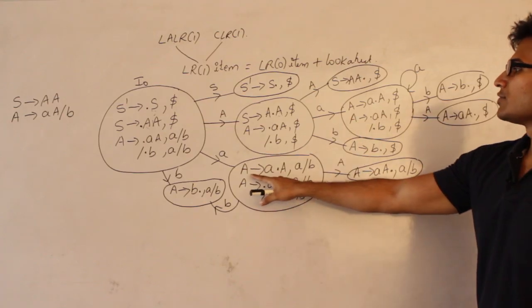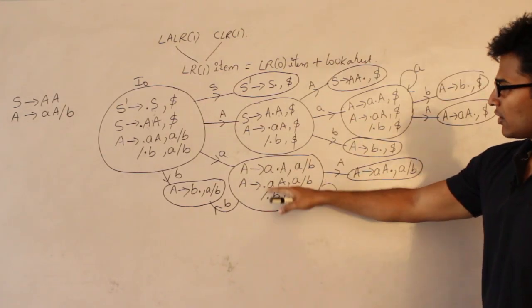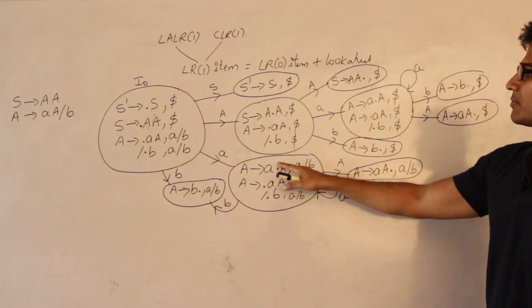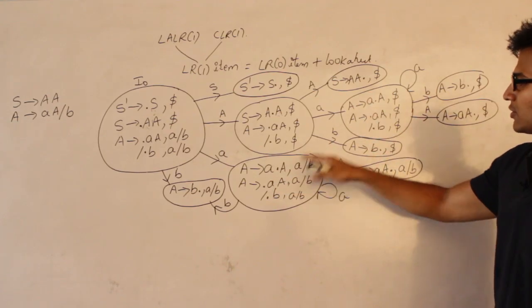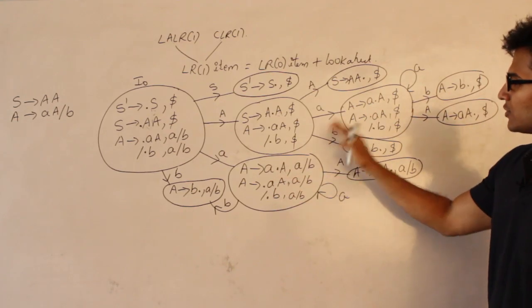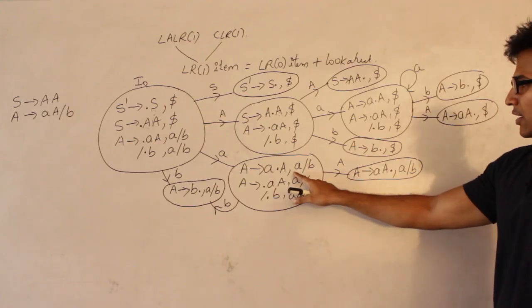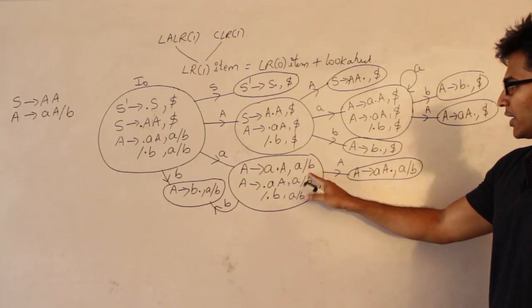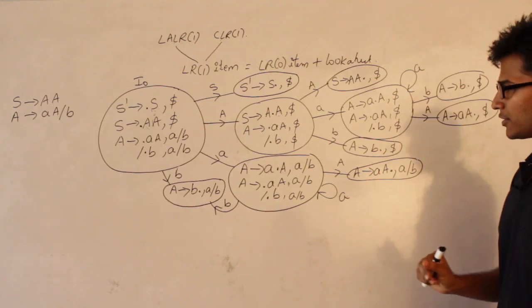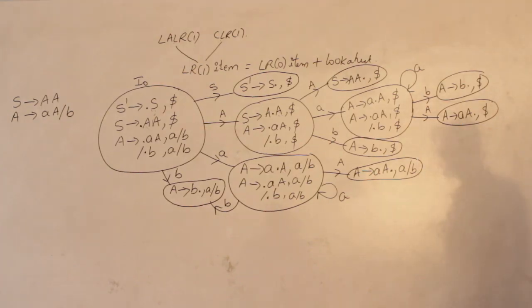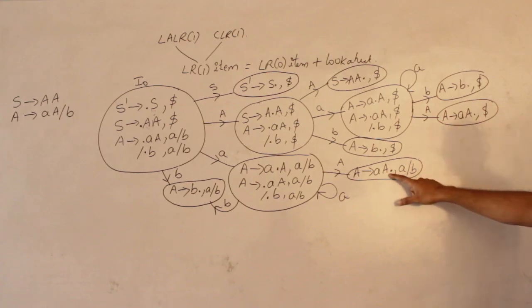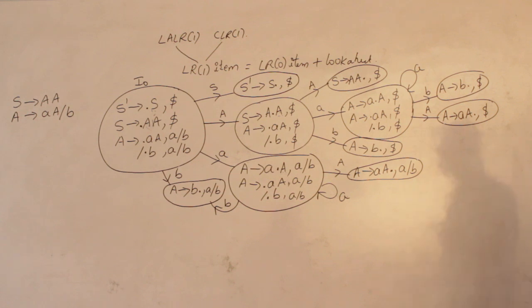If you look at LR0 items, in terms of LR0 items, both these states are same, isn't it? Both these states are same in terms of LR0 items, but when I consider the LR1 items in terms of look aheads, both these states are different, right? And moreover, you can even observe this state and this state, both are same in terms of LR0 items, but they are different in terms of look aheads.